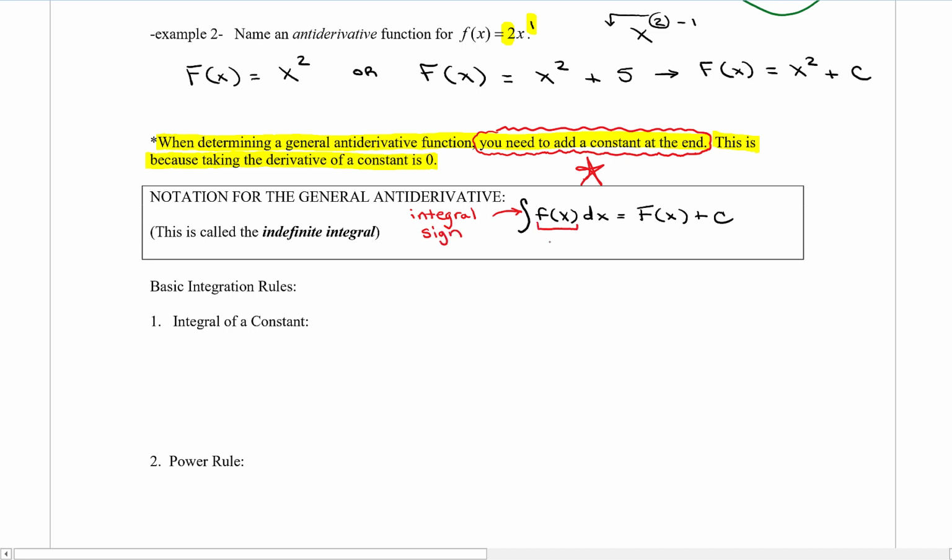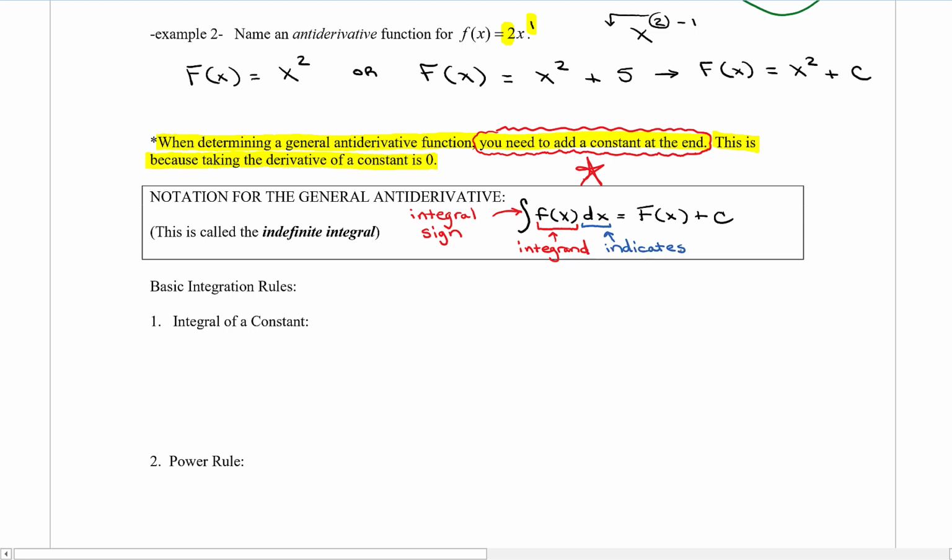I'm going to draw a little line underneath the lowercase f of x with a little arrow pointing towards it. And this is going to be our integrand, or we can refer to this as our integrand function. Now I'm going to draw a little line beneath the dx with an arrow pointing towards that. And this is going to basically indicate which variable we are integrating with respect to.